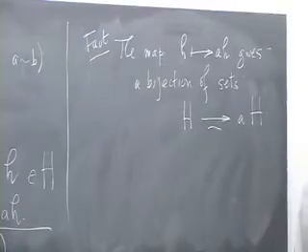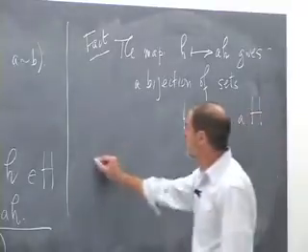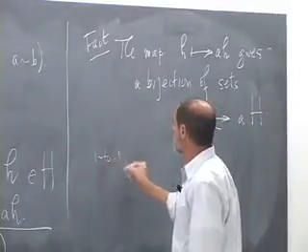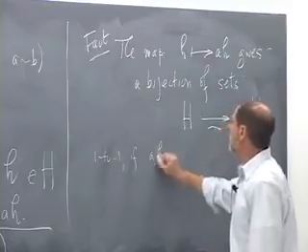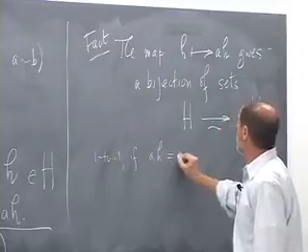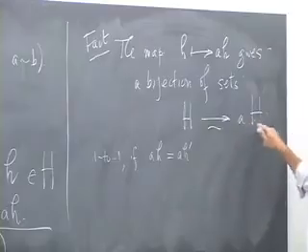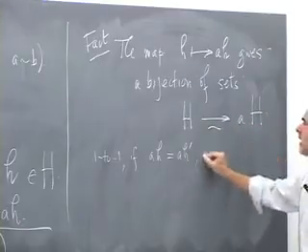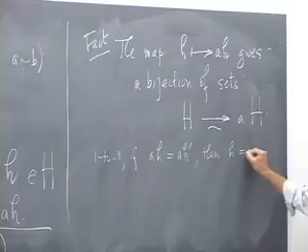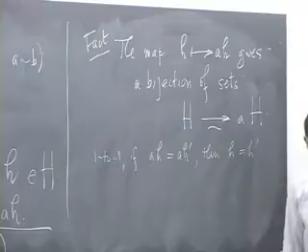Clear? It's one-to-one, because if AH is equal to AH prime, those being two different elements in this set, then H is clearly equal to H prime, just multiply by A inverse.